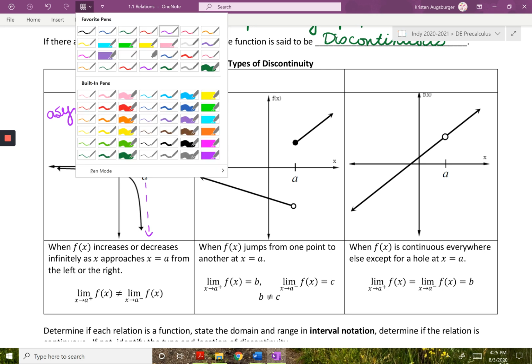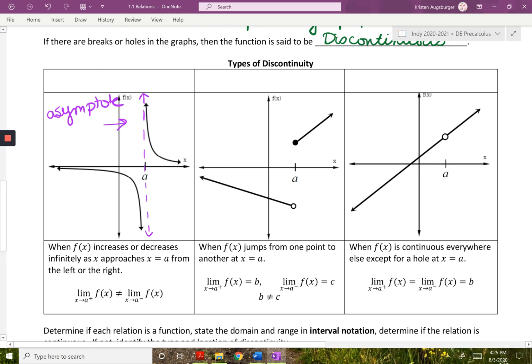These are a kind of discontinuity. We call these infinite discontinuities. And that's because as I get close to the value, I come along, that's what it's saying.